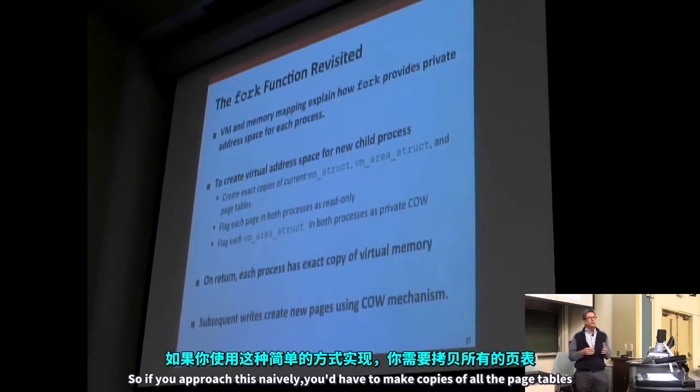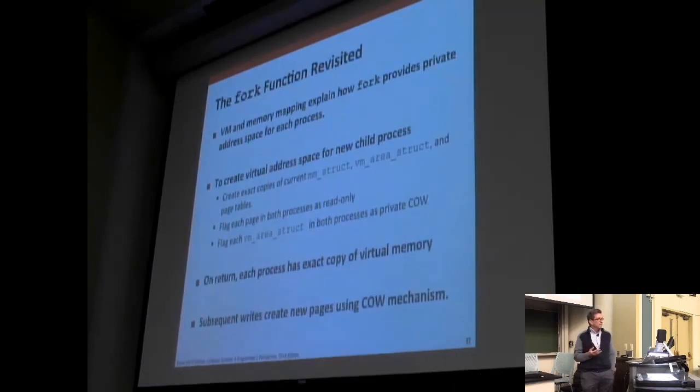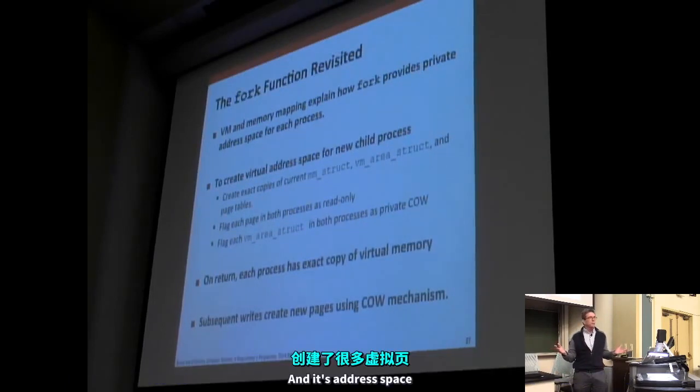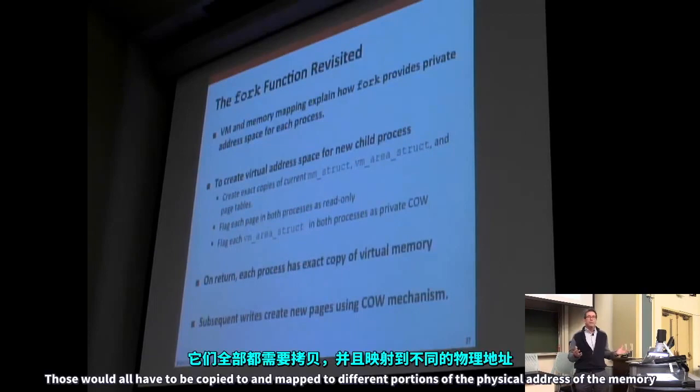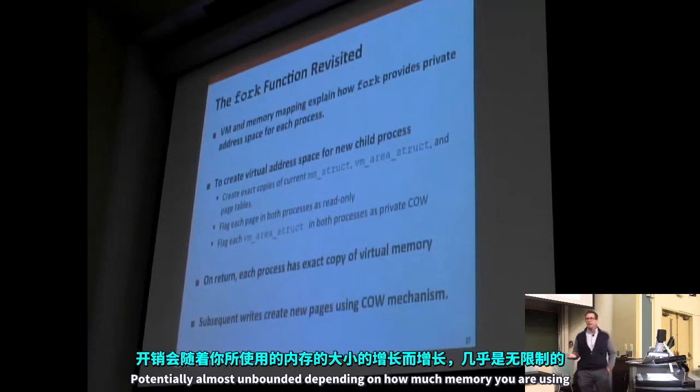If you approach this naively, you'd have to make copies of all the page tables and all of the other data structures, and you'd also have to copy all the memory. If you're forking a process that's created a huge number of virtual pages, those would all have to be copied and mapped to different portions of physical memory. So it would be very expensive, potentially almost unbounded, depending on how much memory you were using.